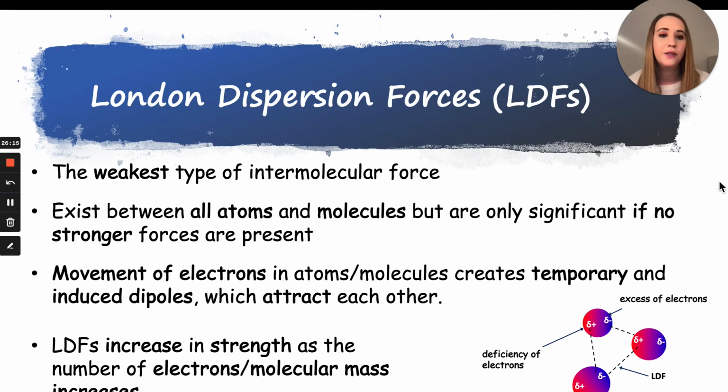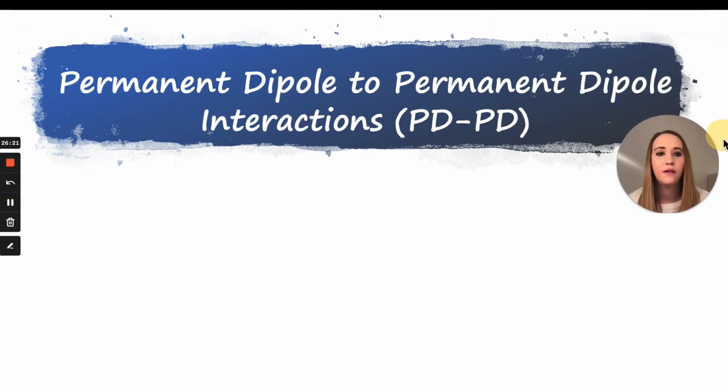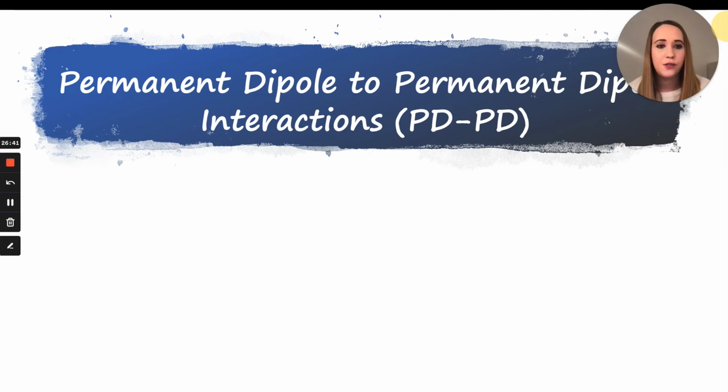Okay, so moving on. If you have permanent dipoles, so if you have polar bonds, essentially, if you have a polar molecule, then that allows you to form this second type of intermolecular force, which is stronger, and it's called permanent dipole interactions, or PD for short.